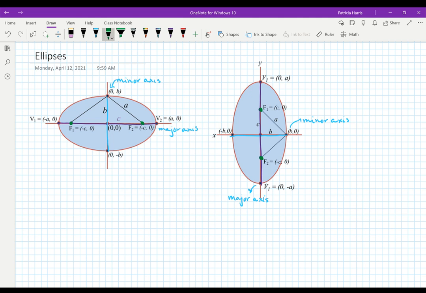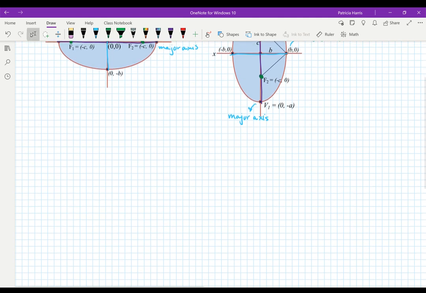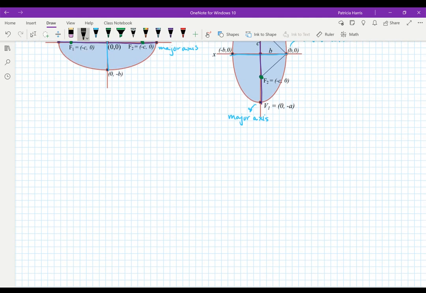But let's talk about equations and how we get from an equation to a graph. So we're going to start with being centered at the origin. Now what's kind of nice is if we're in standard form for an ellipse, we always equal 1.